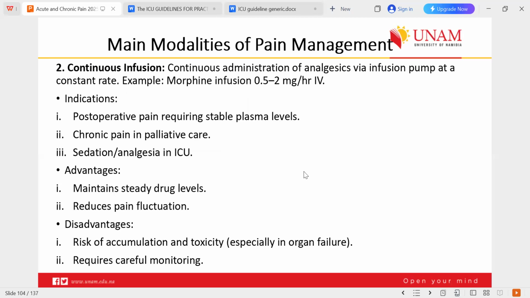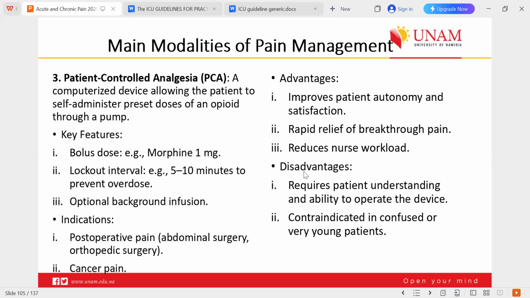With continuous infusion, the advantage is that it helps to maintain steady drug levels and reduces pain fluctuation. But in patients with multi-organ failure like we have in the ICU, there's always a risk of accumulation and resultant toxicity, so it requires careful monitoring.